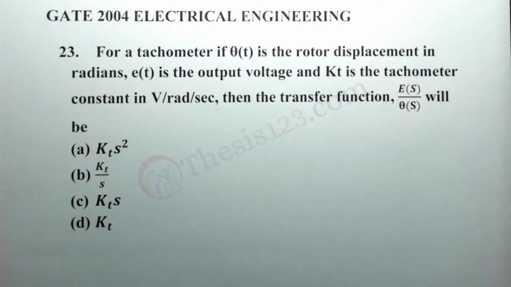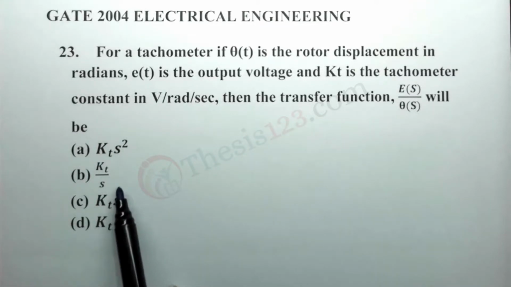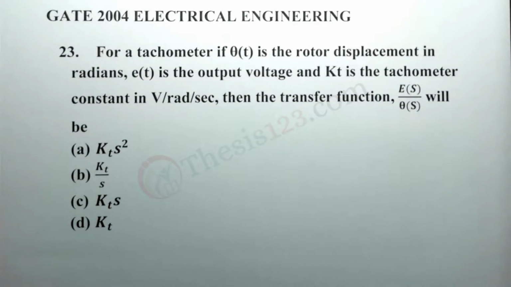Okay, so I hope everything is clear so far. Now the given options are Kt into s square, Kt by s, Kt into s and Kt. Now this is of course in terms of Laplace transform or s domain.